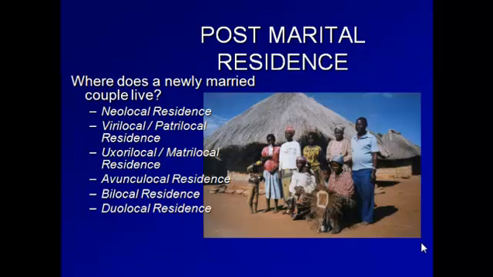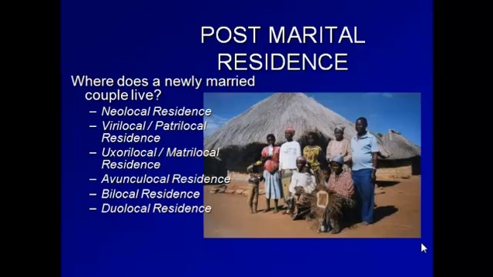Another pattern of postmarital residence is avunculocal residence. The way I remember this term is the word uncle is kind of in there, avunculocal. Avunculocal residence is when the newly married couple lives with the groom's mother's brother rather than with the father of the groom.